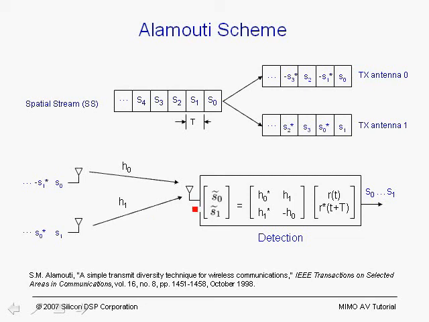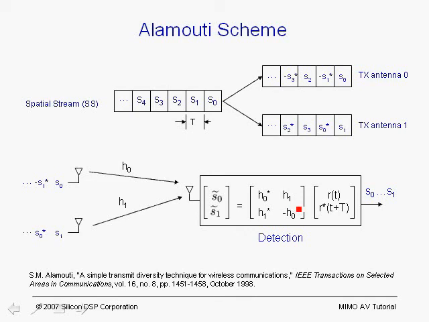Now, at the receiver, we receive r(t), which is the received signal plus noise, of course, and we delay it, and we also have the delayed signal r(t+T). Then in the detection process, in order to obtain estimates of the transmitted symbols, we perform this operation. We form a matrix H0 conjugate, H1, H1 conjugate, minus H0, so a 2x2 matrix based on the channel frequency responses at the carrier frequencies.